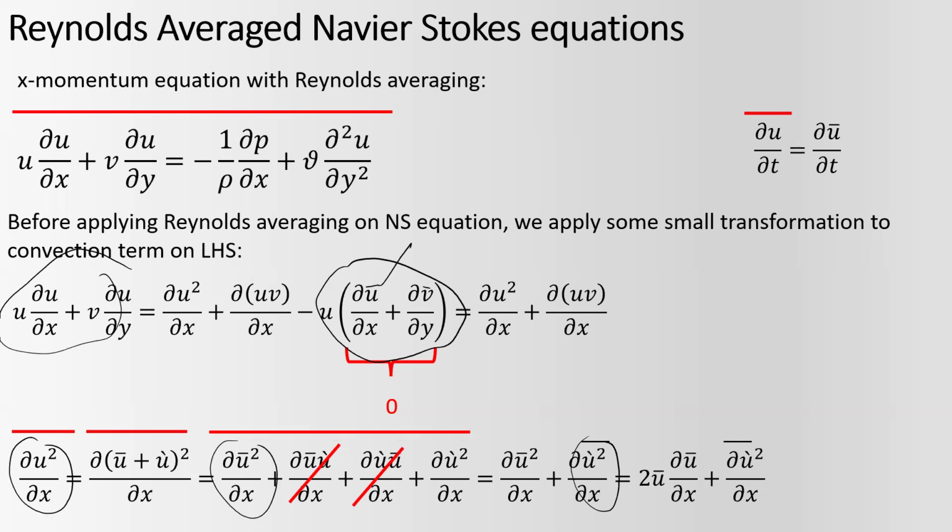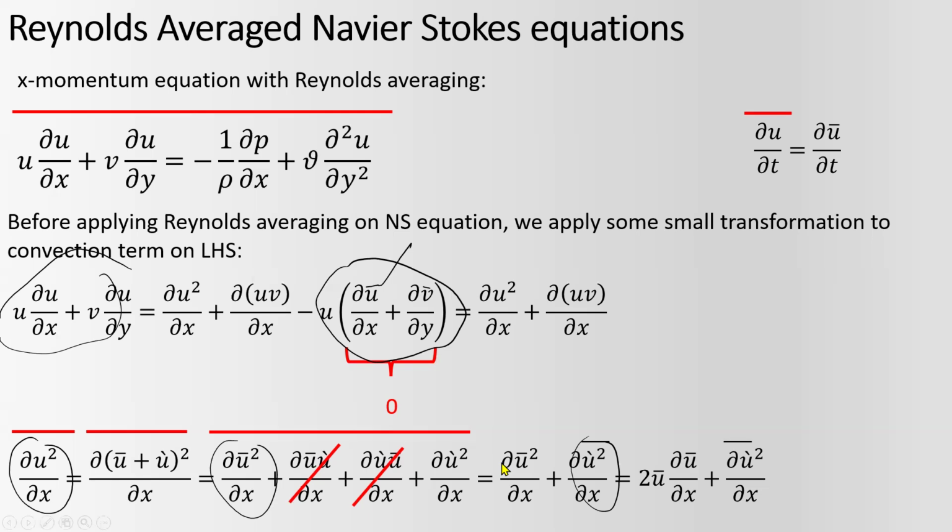This is equal to u bar and u dash, and these terms cancel out. I need to check how they cancel out, maybe because of a negative sign or some rule. I don't remember right now, sorry for this.